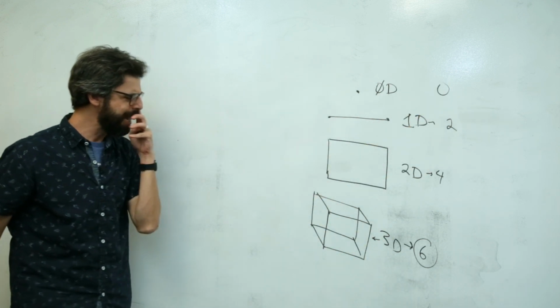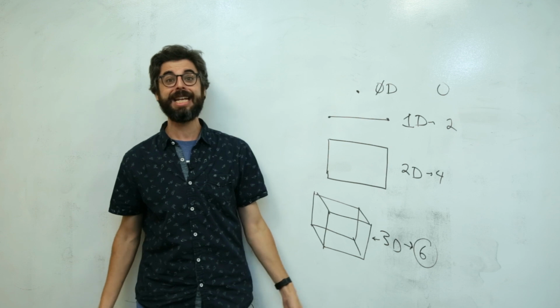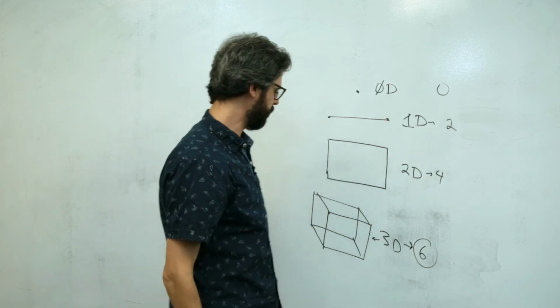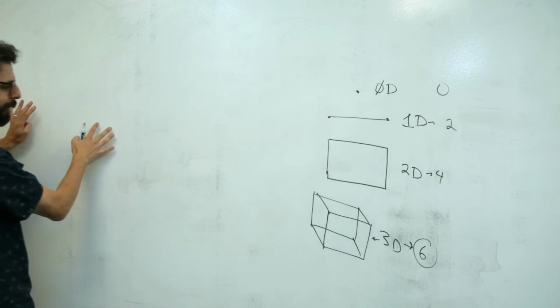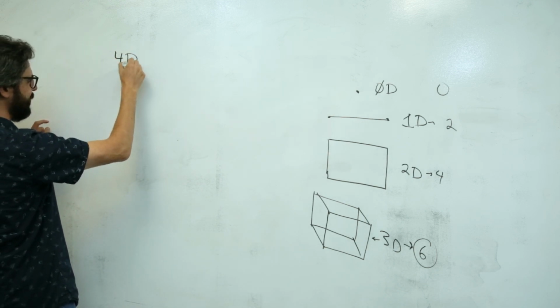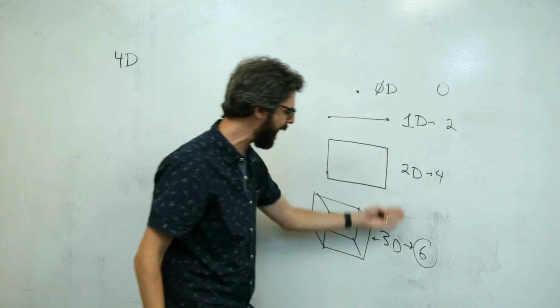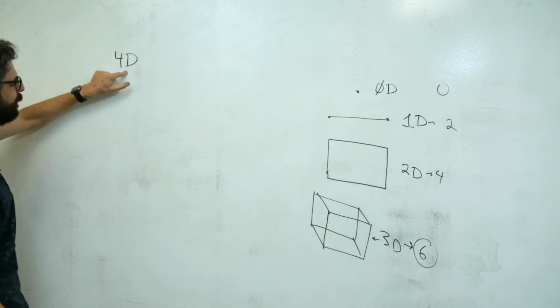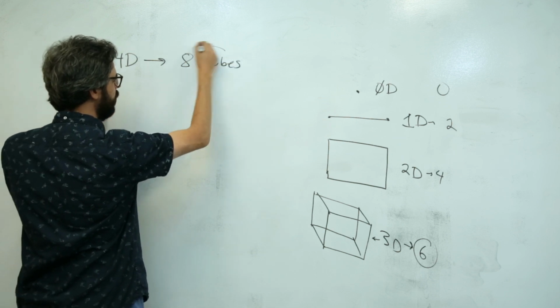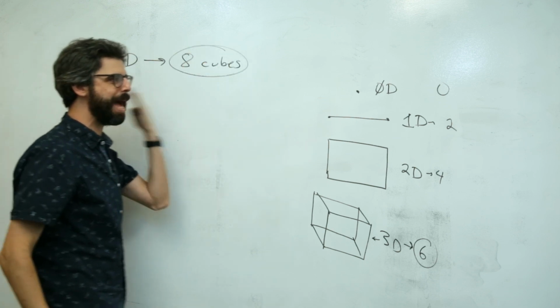This is the beginning. Now, what does it mean then to have 4 dimensions? Well, I'm not really going to be able to draw this too easily, but we could make the case, if I'm following this pattern, that 4 dimensions is bound by 8 cubes. And this is mathematically true.